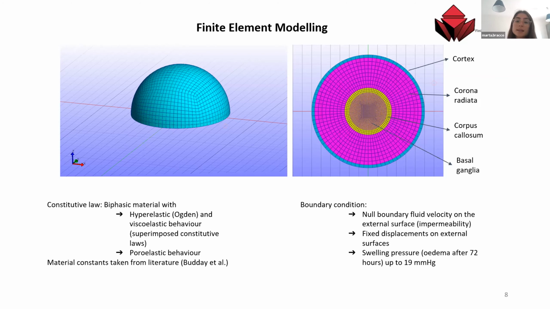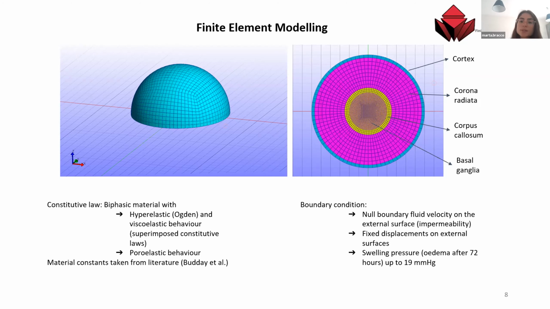All these layers have been modeled with a biphasic constitutive law to take into account the fact that the brain is a porous material, and so it has a poroelastic behavior. So we have modeled these materials as hyperelastic and viscoelastic.